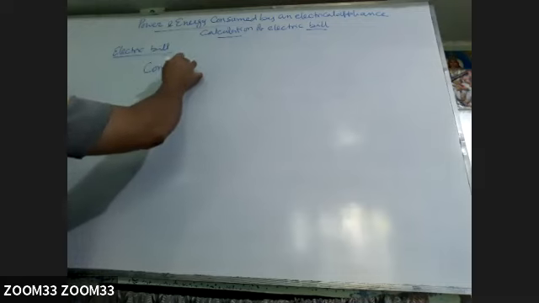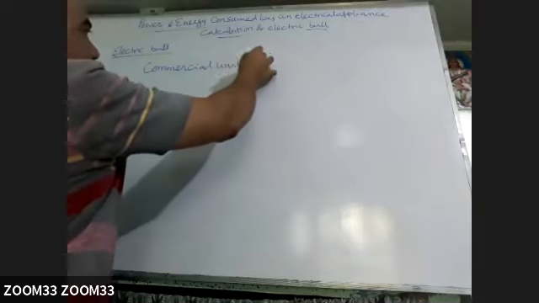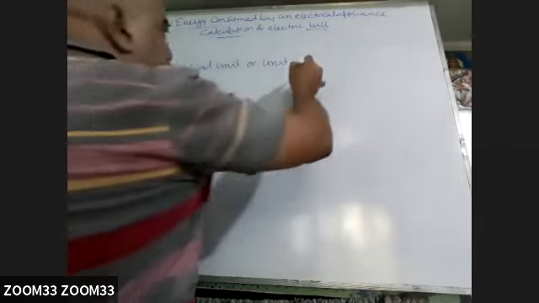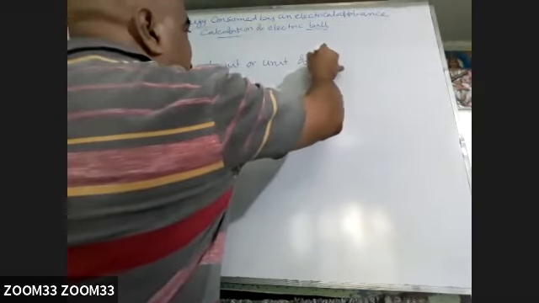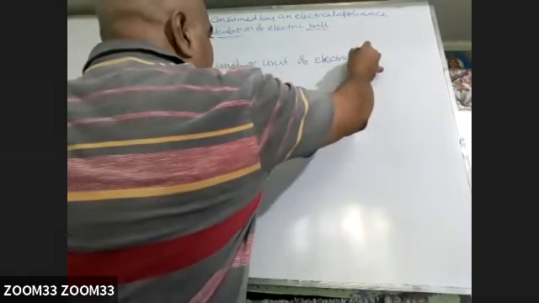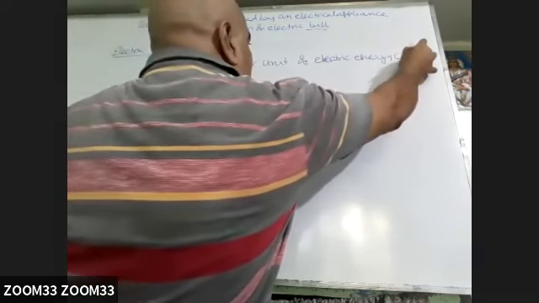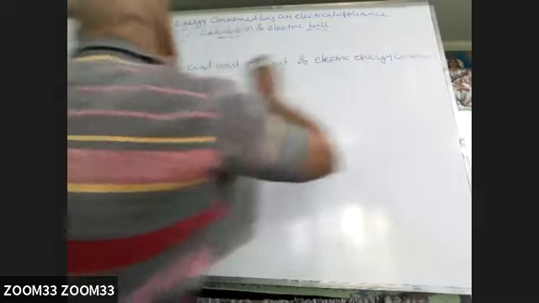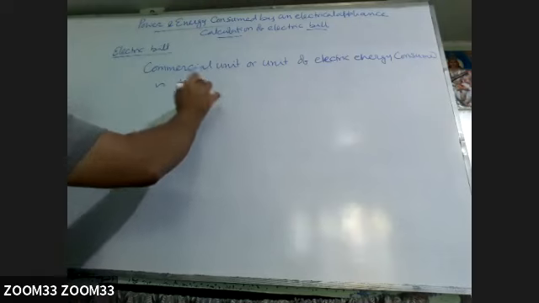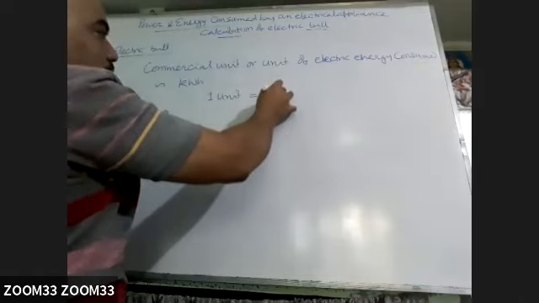The commercial unit of electric energy consumed is kilowatt hour. That is, 1 unit means 1 kilowatt hour.